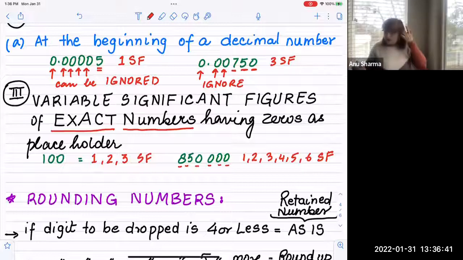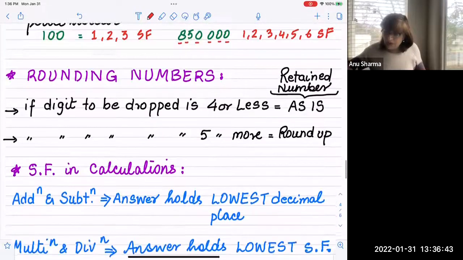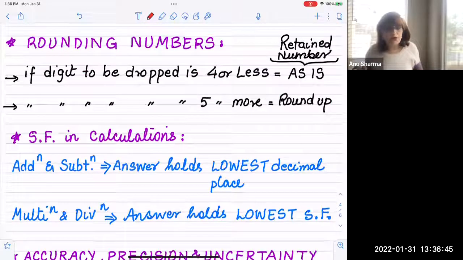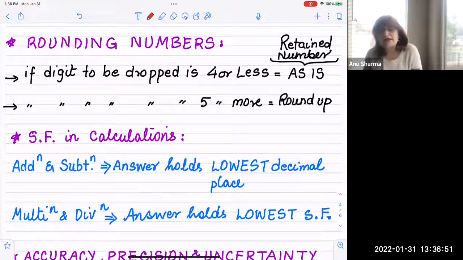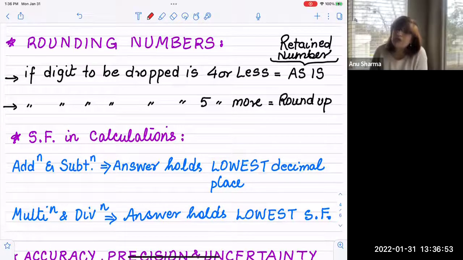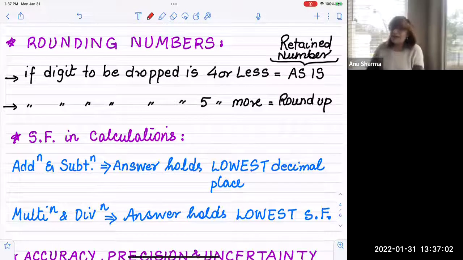Okay, so now comes rounding numbers, rounding up and down. Now think about it. In chemistry, we are dealing with matter. So when we deal with matter, rounding down doesn't make sense because we are cutting off matter. Rounding up is fine, but rounding down is not.